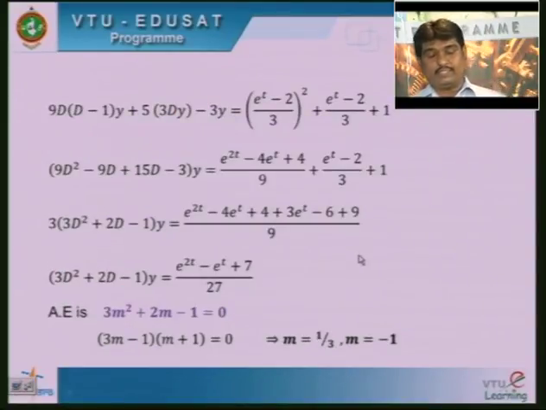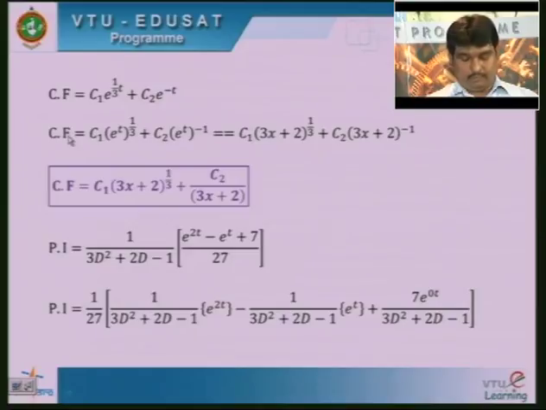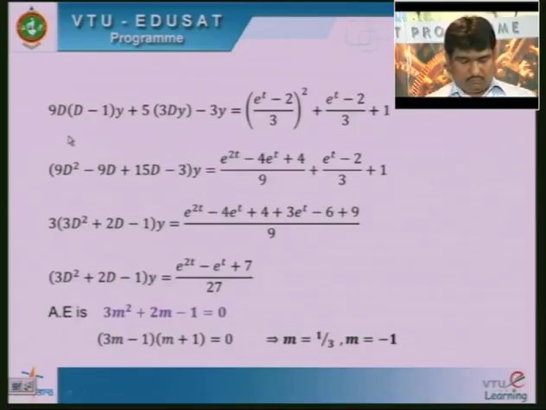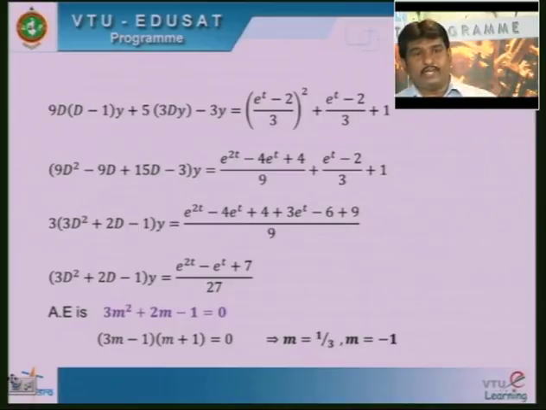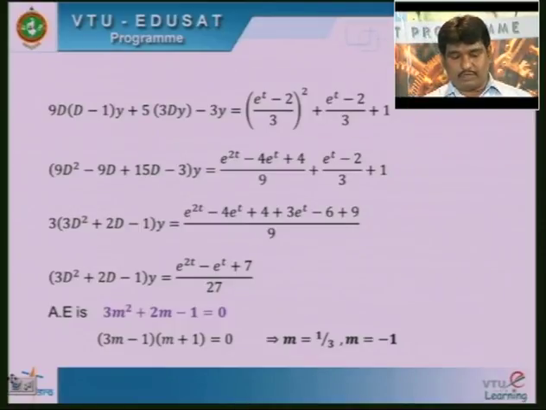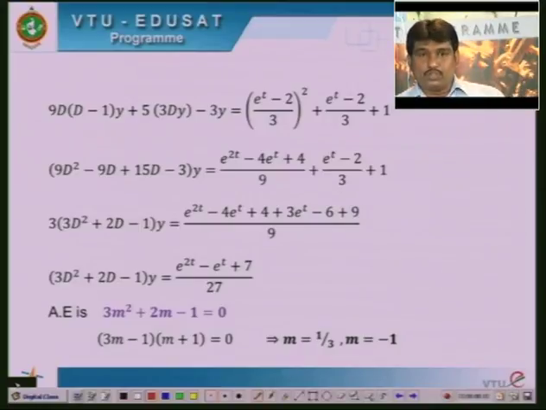Substitute all these things in the given equation. LHS is 9 times D into (D minus 1) into y plus 5 times, that is first order derivative, 3 Dy minus 3y equals, now the right hand side.